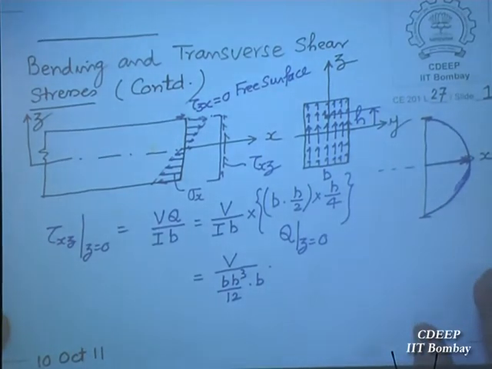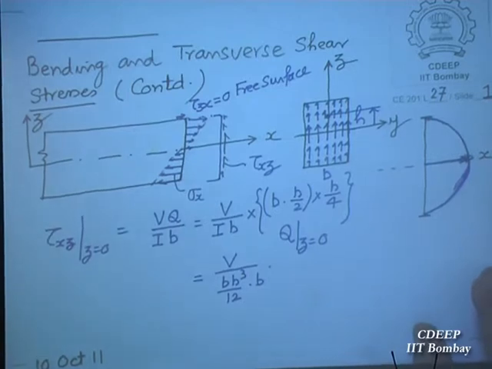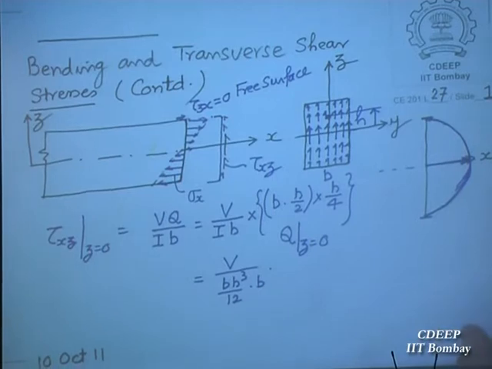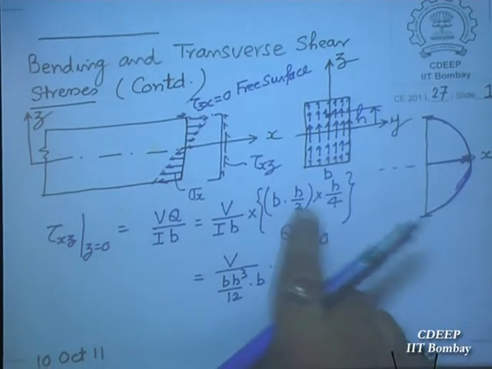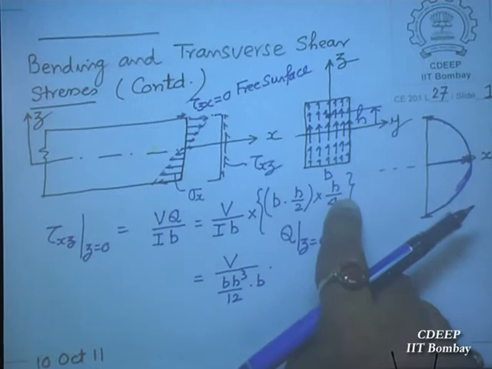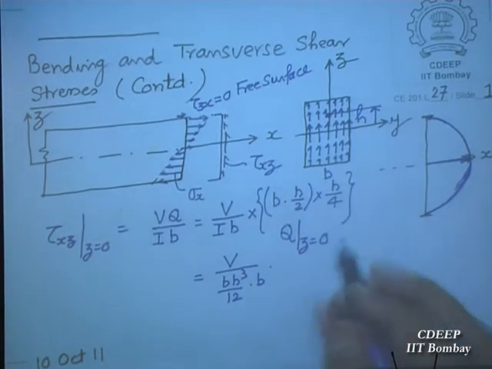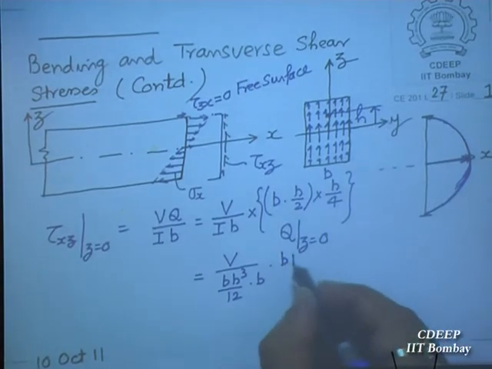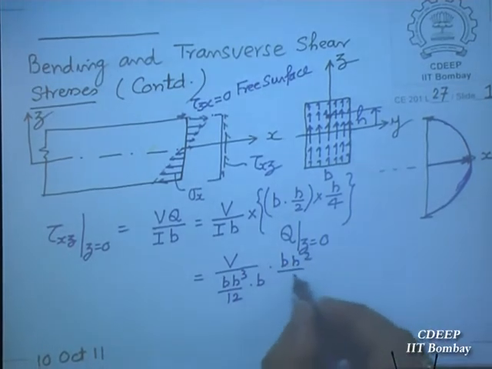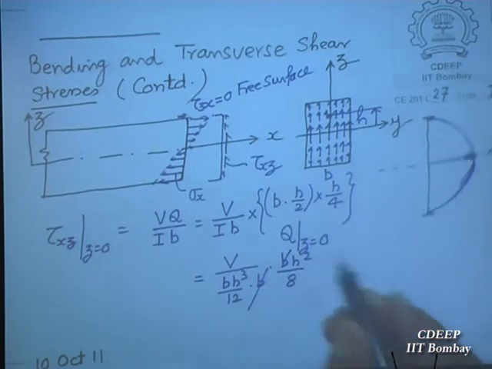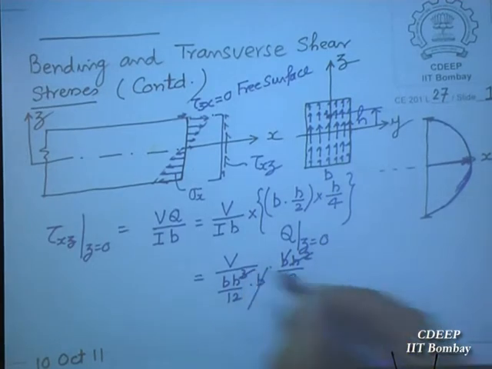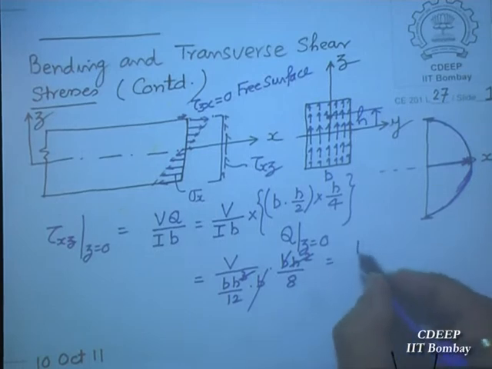First moment of the area means how do you find the center of gravity? So the centroid of the area is at H by 4. So area multiplied by the distance to the centroid, H by 4, so this is BH square by 8. Now cancel: B and B go, H square and H cube cancel, and then 12 by 8.